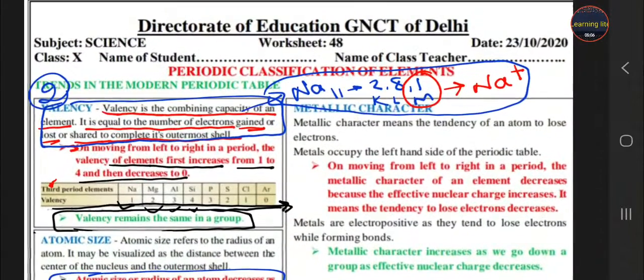Let's move to our third property, student. Metallic character. Metallic character means the tendency of an atom to lose electrons.